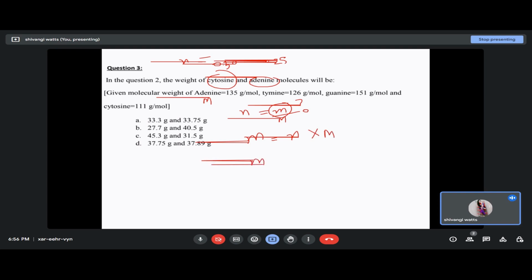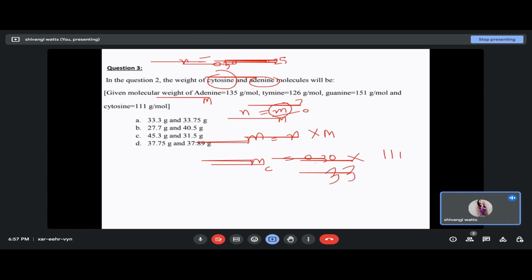So weight of cytosine is equal to number of moles of cytosine, 0.30, times molecular weight of cytosine, 111. So 111 multiplied by 0.30 is 33.3.